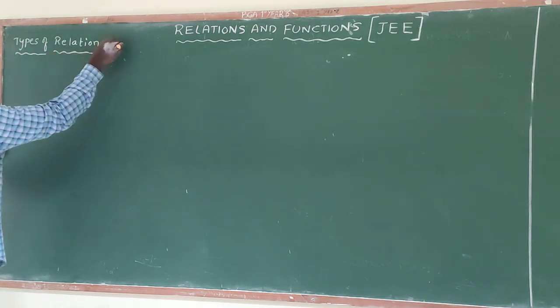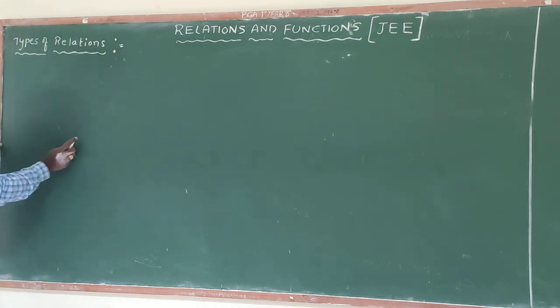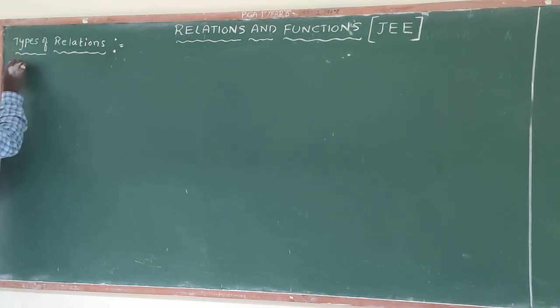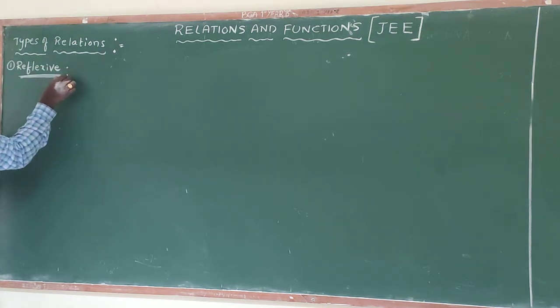Totally, how many types of relations are there? In this, first one is reflexive relation. What is meant by reflexive relation?